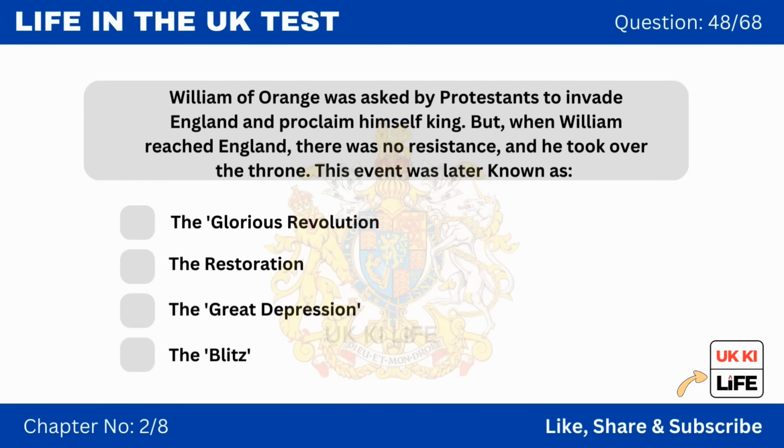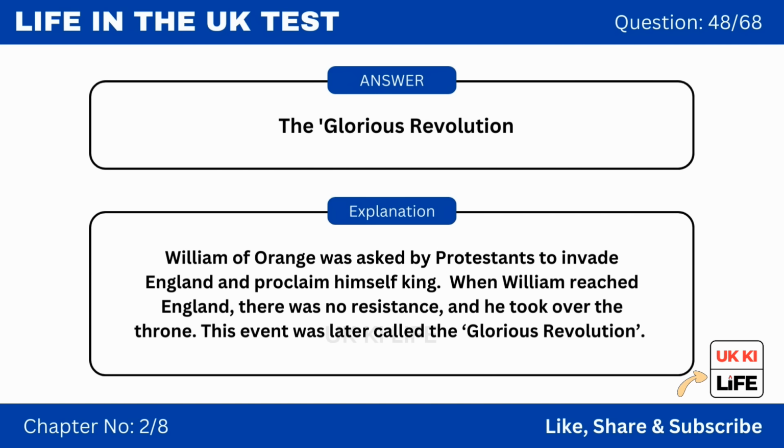The correct option is A. Explanation. William of Orange was asked by Protestants to invade England and proclaim himself king. When William reached England, there was no resistance, and he took over the throne. This event was later called the Glorious Revolution.